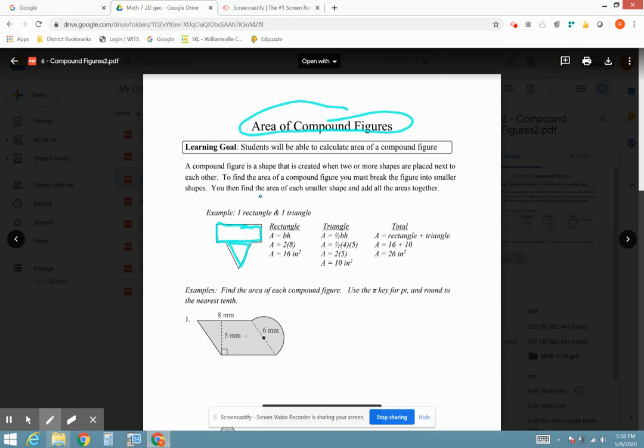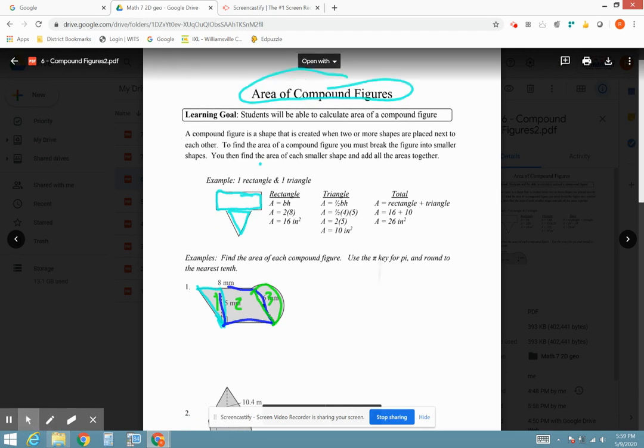So in this figure, we would do the area of a triangle, then the area of a trapezoid, then the area of a circle and divide it in half because I only have half a circle, and then I would add those three pieces up. But like I said, we did not do circles, so we are going to move on along.